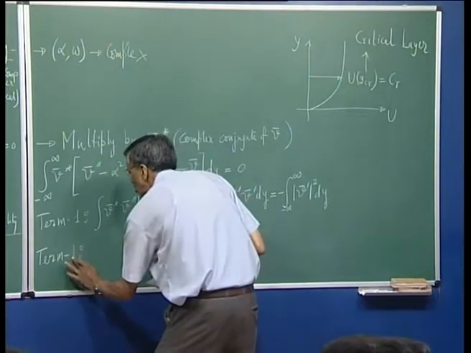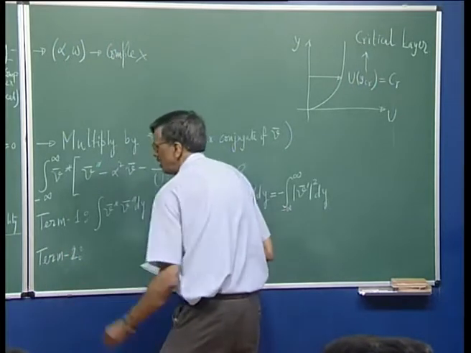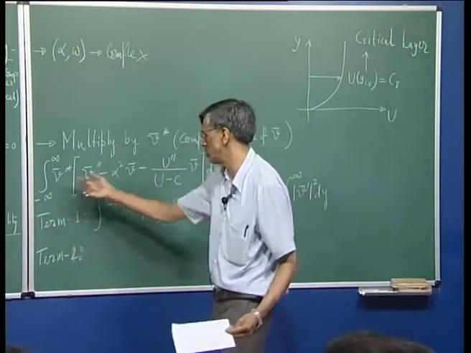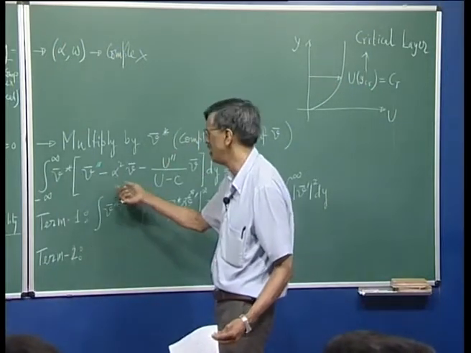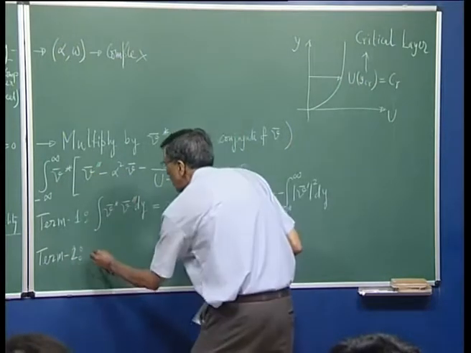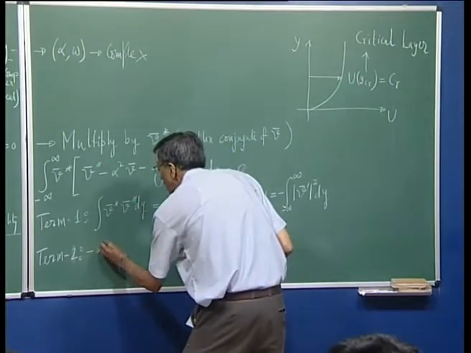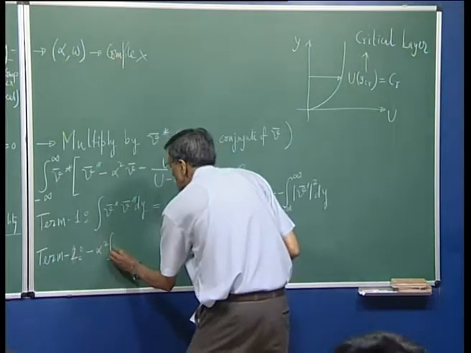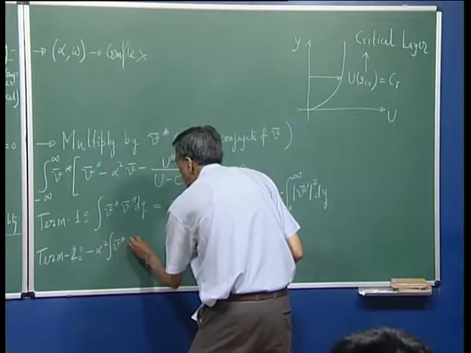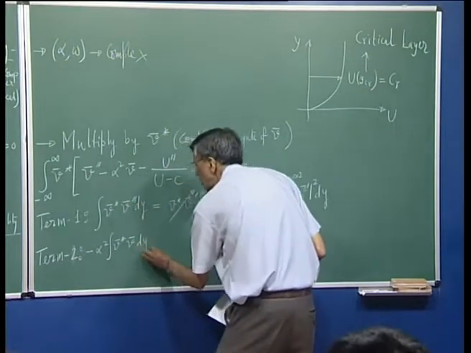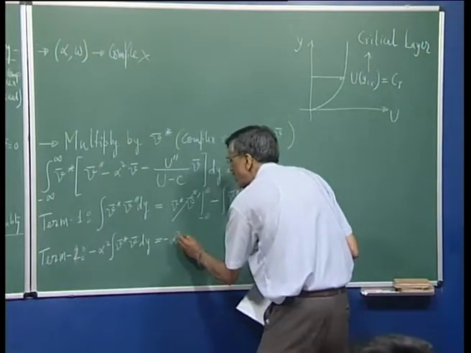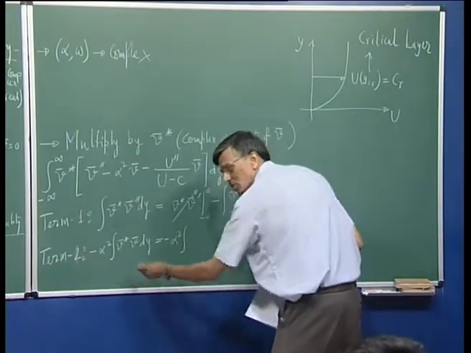Term 2, the second term, is rather simple, because that is this minus alpha square v bar star times v bar. Okay. So, I will get minus alpha square, and I will just simply write it the same way that we have seen, this into its conjugate.